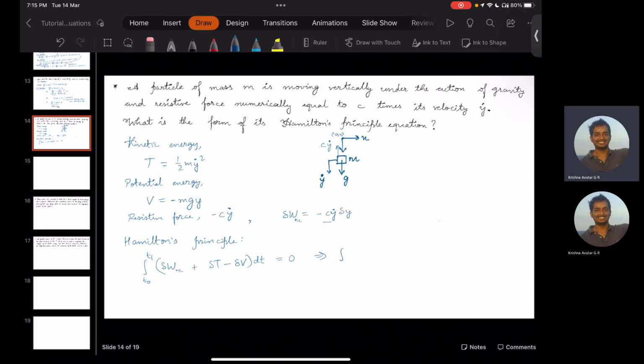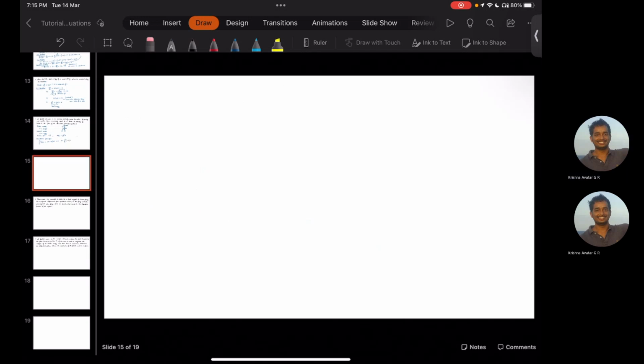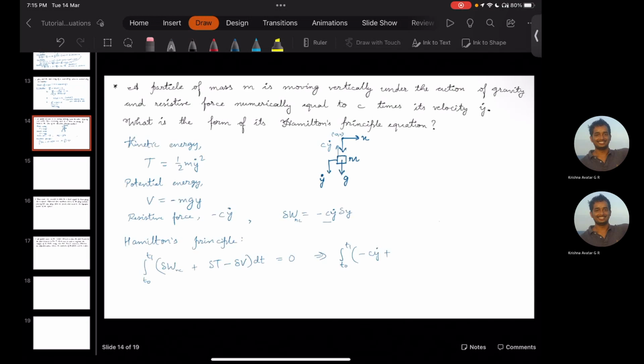Then from t0 to t1, minus c y dot del y plus del of T minus V, that is del W NC plus del of T minus V integral dt is equal to 0.